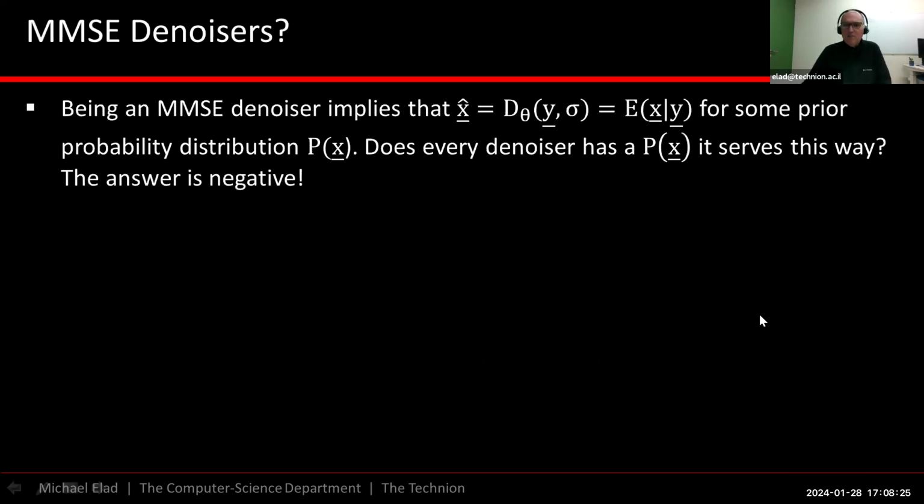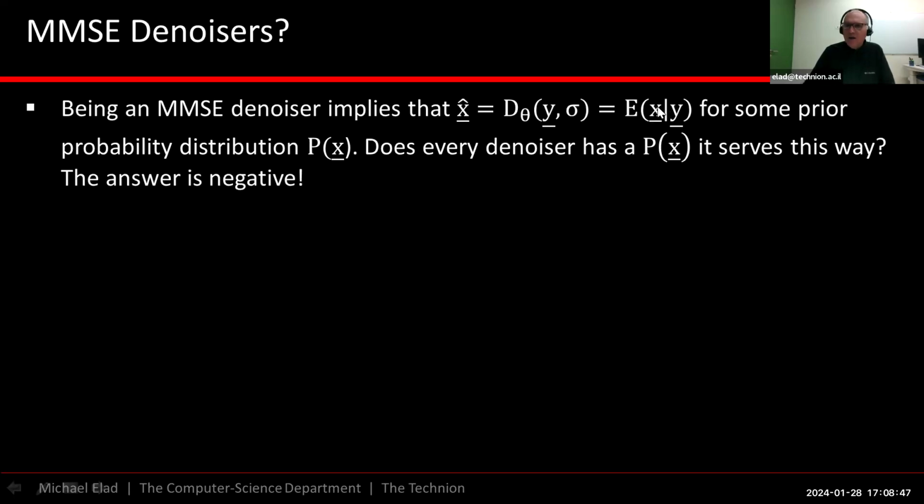You see, for something to be considered an MMSE denoiser, it has to be a conditional expectation, which means that there should exist some probability density function P of X. By the way, I'm not saying that it should be the true P of X of images. It should be some function P of X of which this is the conditional expectation.